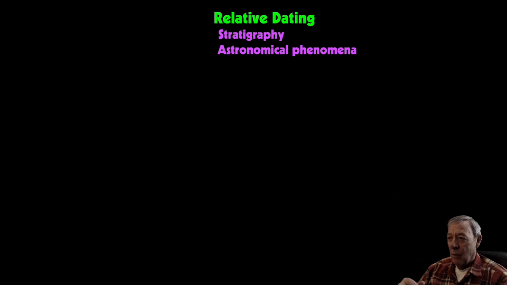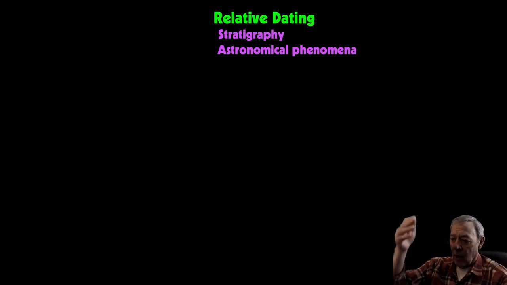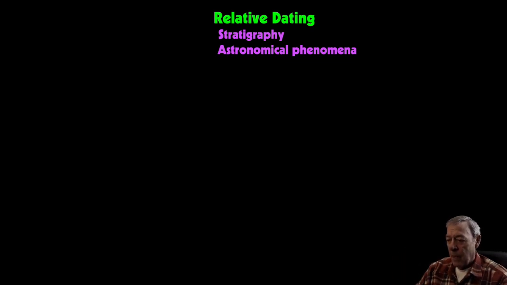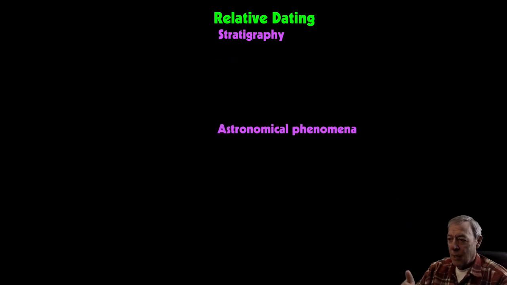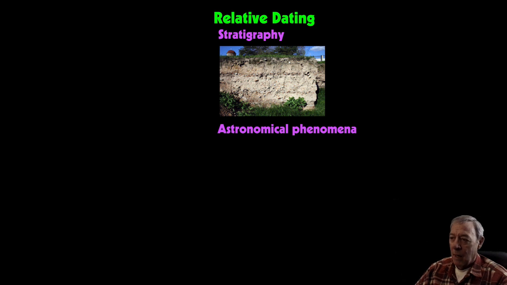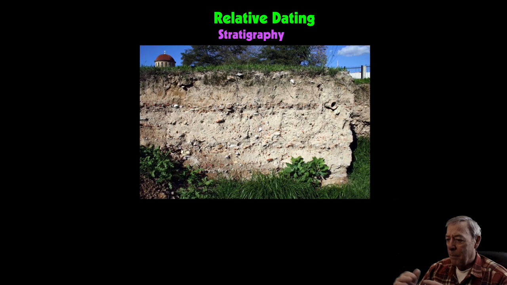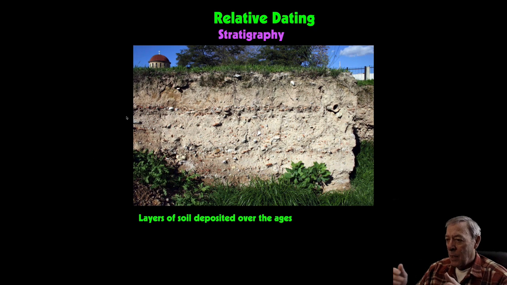So by stratigraphy, we mean as archaeologists dig down through a site, they can look at the edges of the dig, like we see here on this excavation, and you investigate the layers of soil that have been deposited over the ages. And so you can clearly see here different layers of habitation.